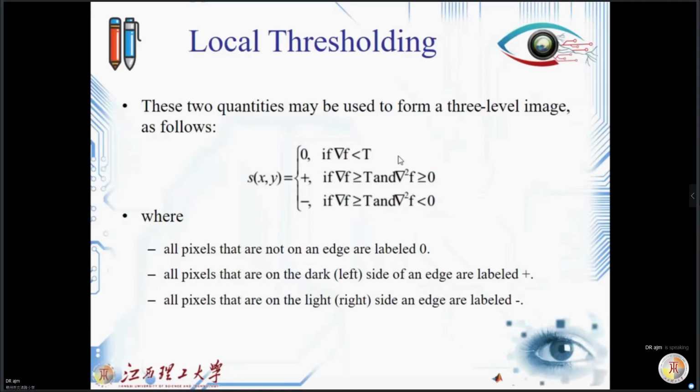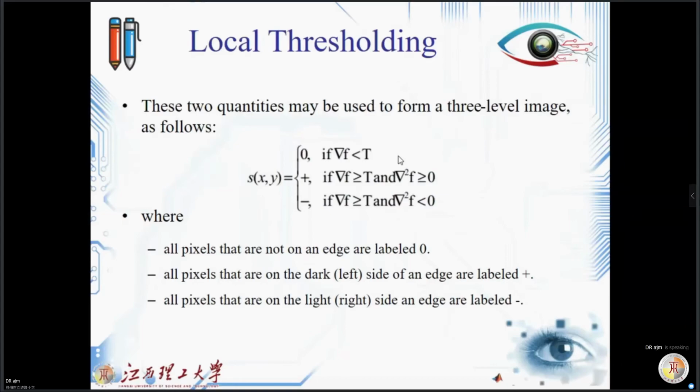All pixels that are not on the edge, where the gradient is less than the threshold, we label as 0. All pixels on the dark side we label plus, and all pixels on the light side we label minus.